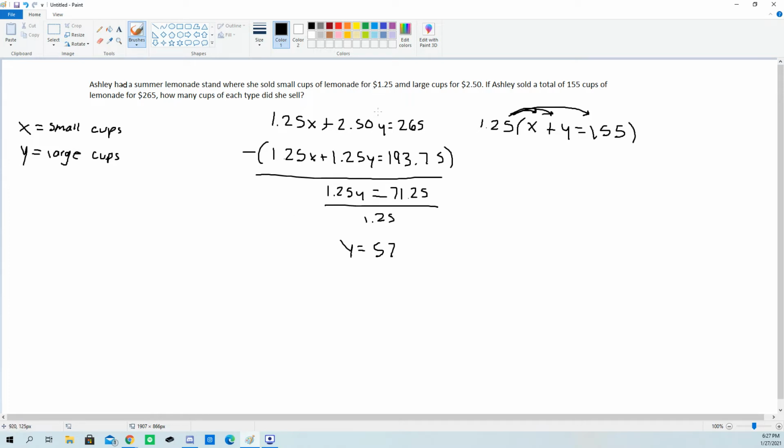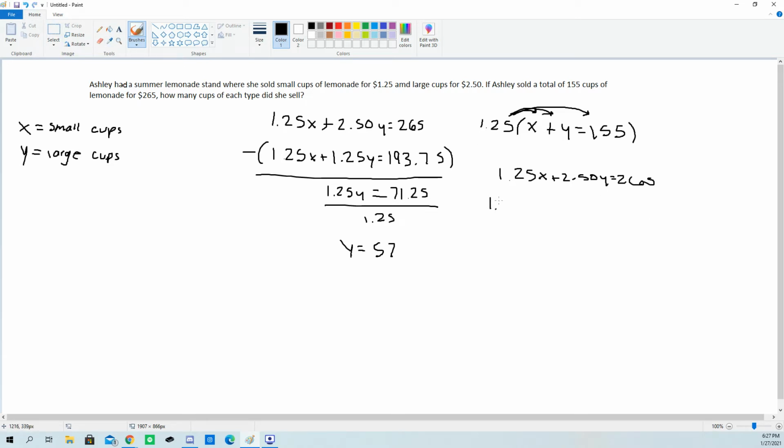All right. And then pretty simple from here. All we have to do is substitute our value for y into one of these equations. So I'm just going to substitute it into the first equation. Now rewrite it over here. 1.25x plus 2.50y equals 265. So you can see that's just this equation right here that I put over there.